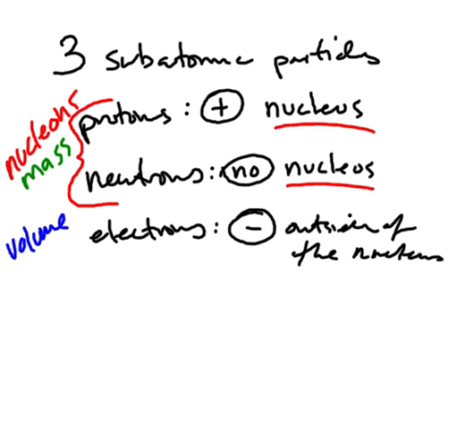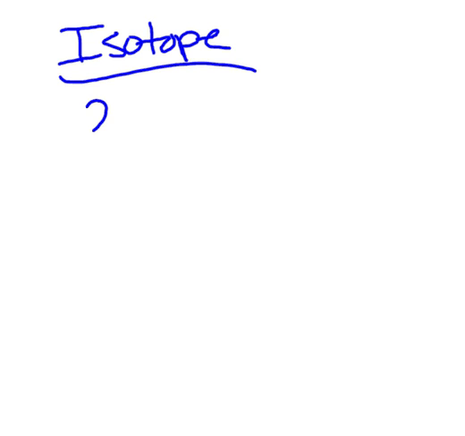From this information, we should be able to understand the concept of what an isotope is and how to draw isotopic notation. So we'll take a look at isotopes right now. An isotope is when you have two atoms, and there could be more than two, but just say two atoms of the same element.